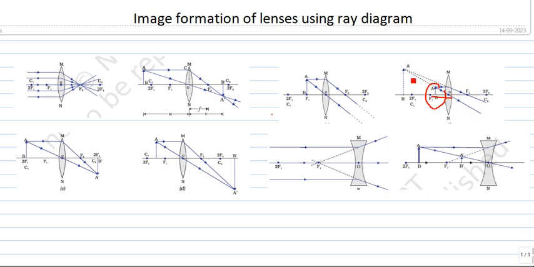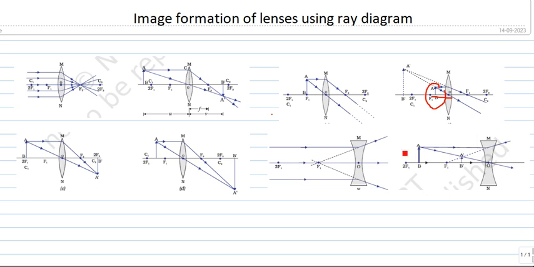So we extend them backward and see where they meet. We find that the image is formed on the same side as the object. It is not on the other side of the lens, it is on the same side of the lens as the object, and this image is enlarged, virtual and erect. Yes, so this is the one image we get as virtual and erect for a convex lens.